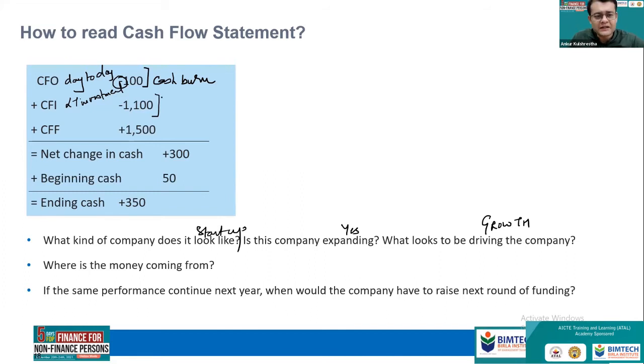And where is the money coming from? You have lost 1,200 rupees during the year. Where is this money coming from? This is coming from investors. It could be debt, it could be equity. One of the two.